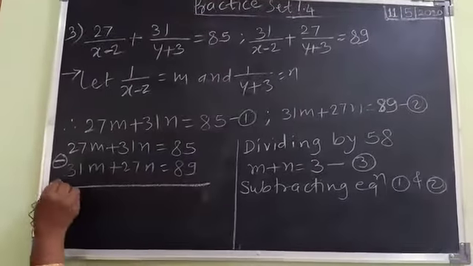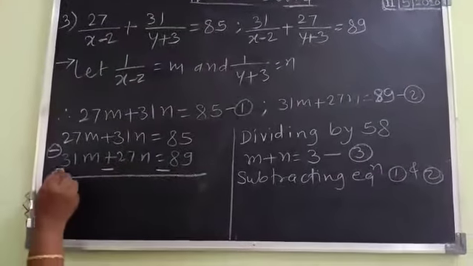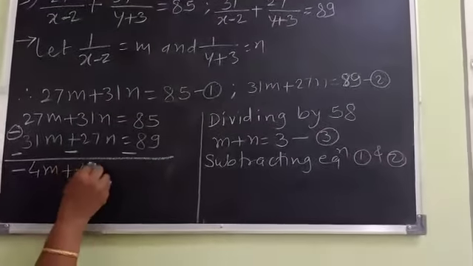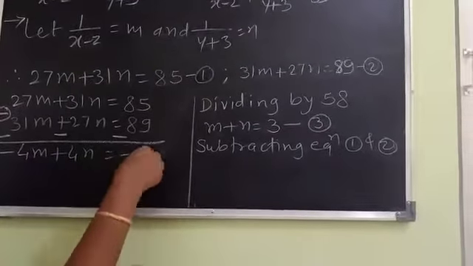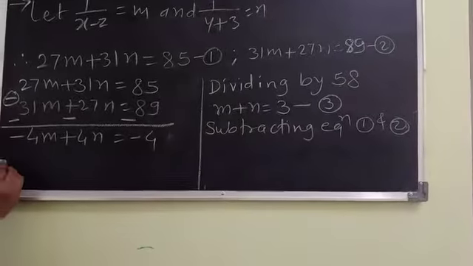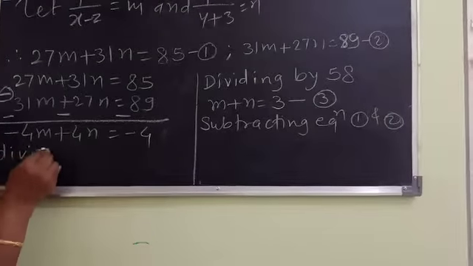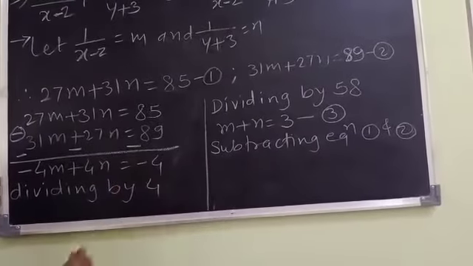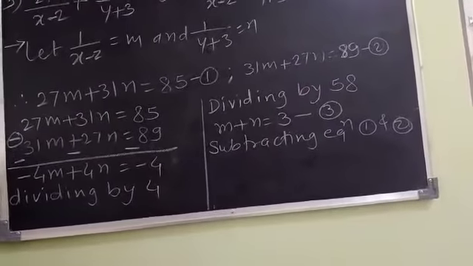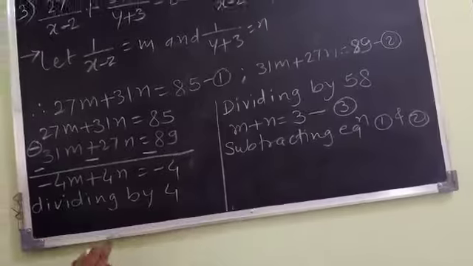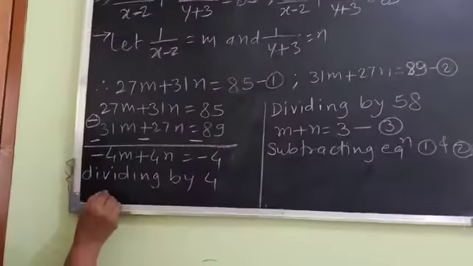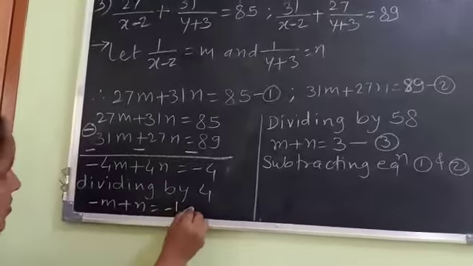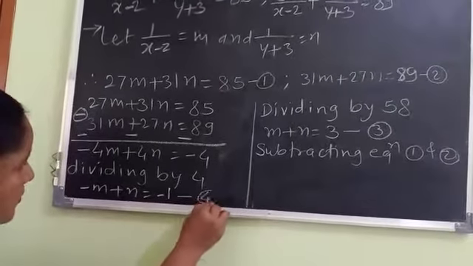Subtraction means change the sign of each term. So this will be minus 4m plus 4n is equal to minus 4. So here, dividing by 4. What we get? Dividing by 4, we get minus m plus n is equal to minus 1. This is equation 4.